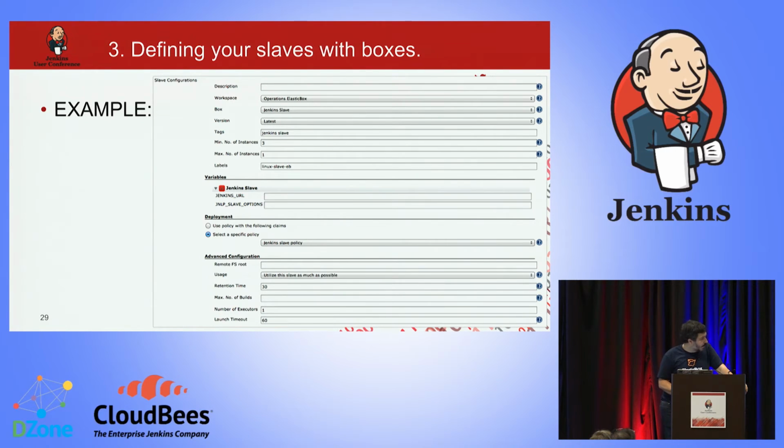What is interesting here is, as you can see, you don't have to mention which cloud you are using. You just select one policy. All the configuration related to the infrastructure, all the configuration related to where you are going to deploy that workload, is in Elasticbox. So Jenkins doesn't need to care at all about infrastructure changes, about where you are deploying your instances or your slaves.